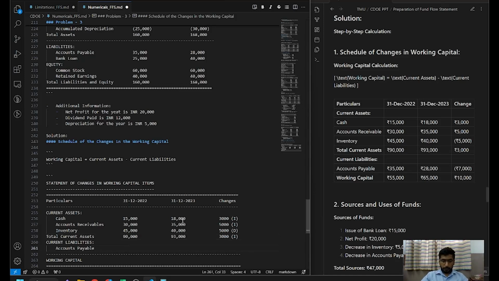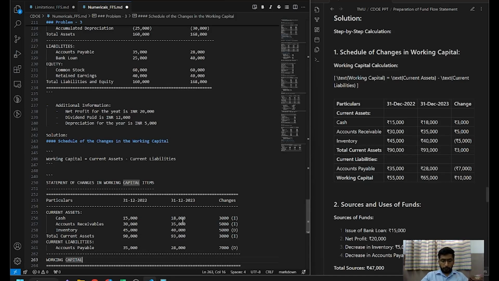And the current liabilities, that is the accounts payable, is 35,000 and 28,000, which is showing a decrease of 7,000. Now the working capital, that is the current assets minus current liabilities.